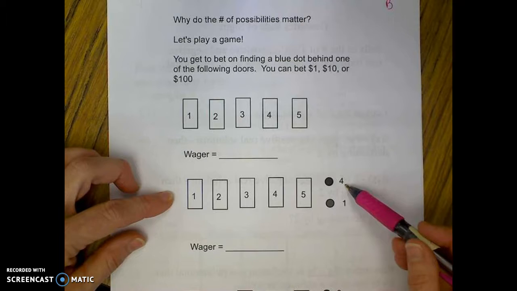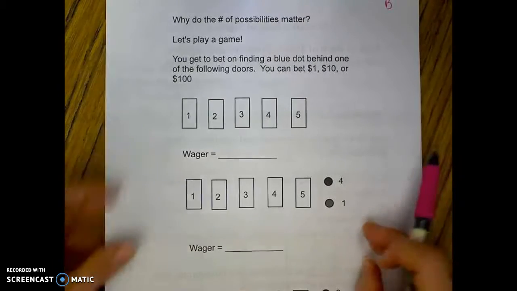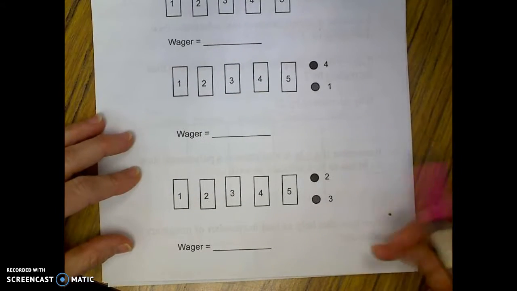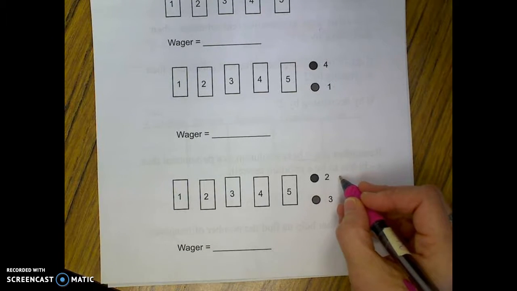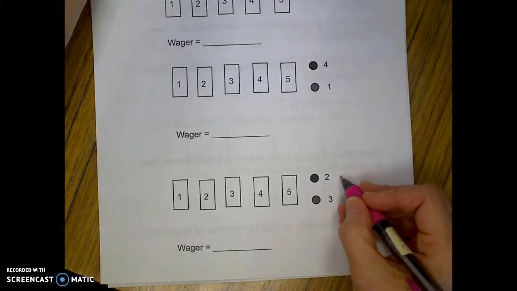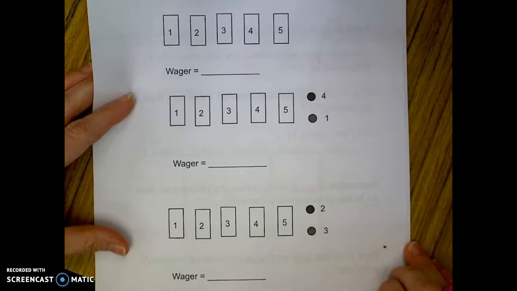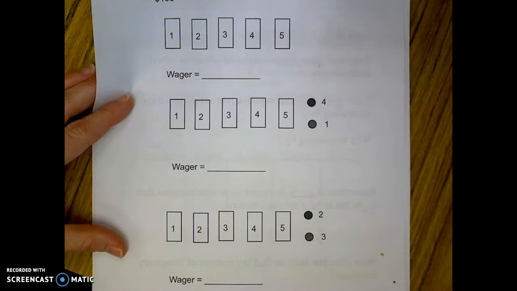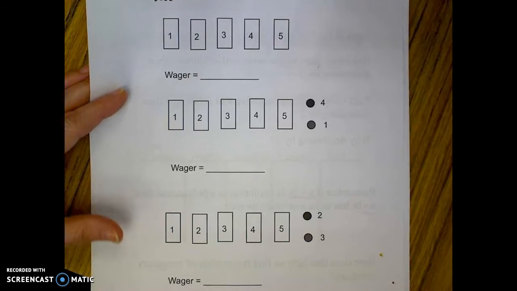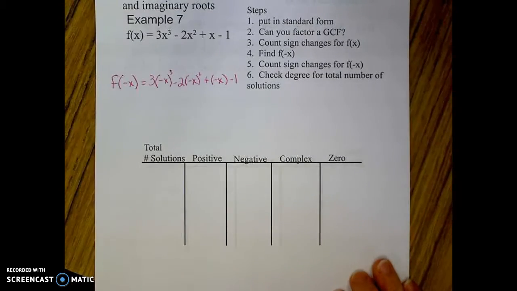If I knew there were 4 blue dots and 1 red, I'd be wagering a lot of money. If, however, I was down here at the bottom and I knew there were only 2 blue dots, well, I only have a 2 out of 5 possibility of getting the blue dot. So the idea, again, is just to help you grasp that it is a good idea to know how many positives or how many negatives. It just helps you make a better choice.